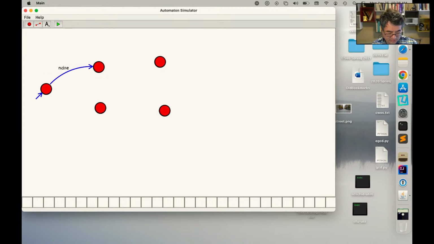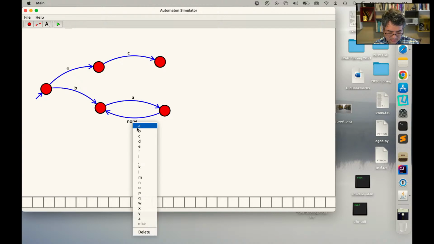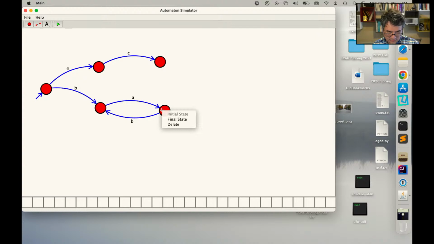This one would be labeled A, and this one is labeled C. This one is B. This is A, and B. And then this one is a final state, and so is the initial state.